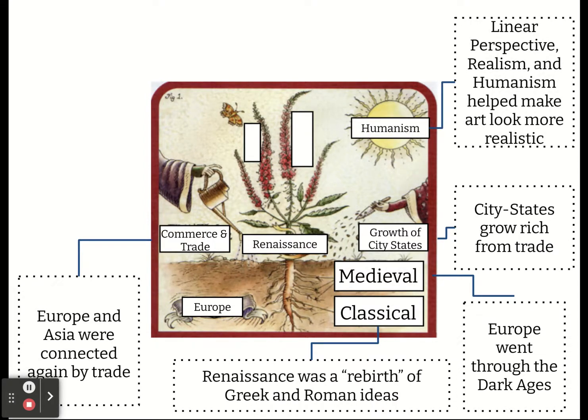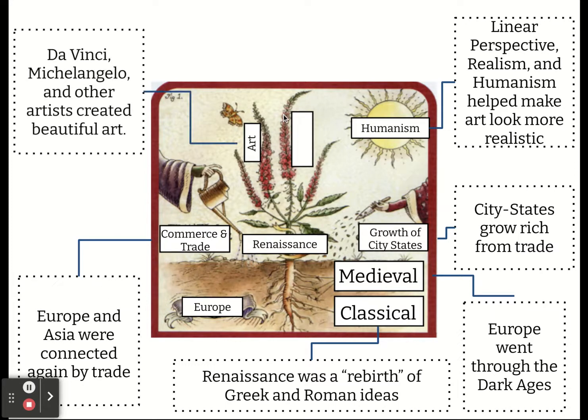Humanism is one of those things we talked about with art, with linear perspective, realism, humanism, all help to make art look more realistic. And that was very revolutionary in Europe at the time, because before that, remember that medieval art? It was all like flat, looked kind of bleh. They needed this humanism. They needed the sun to help them to grow.